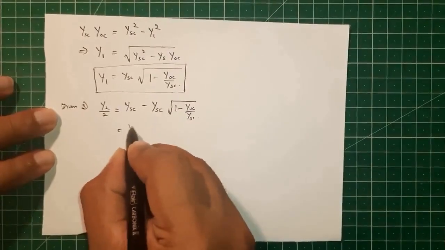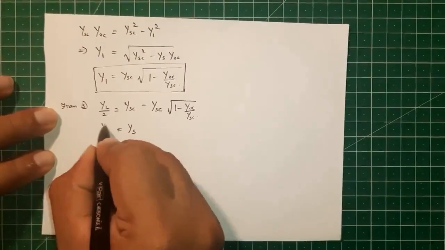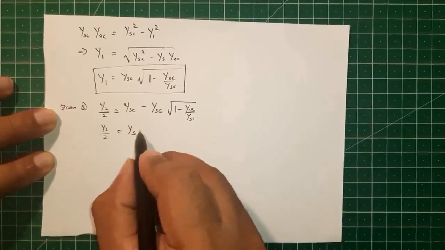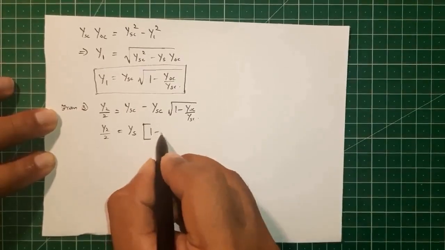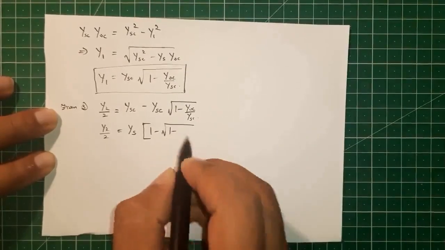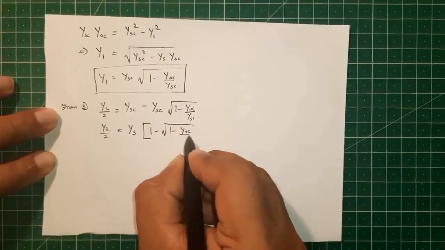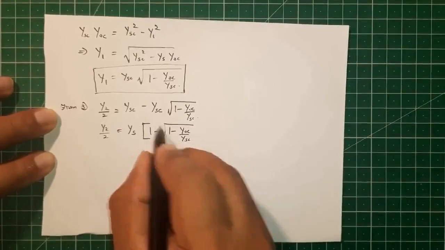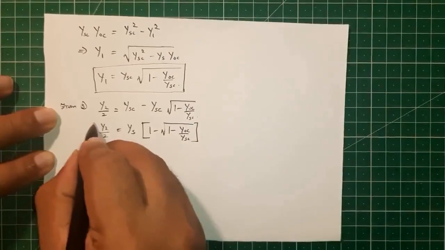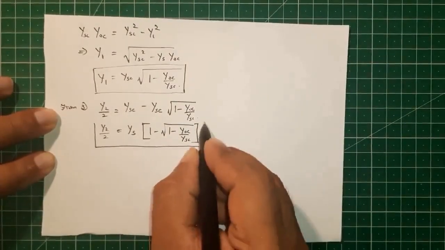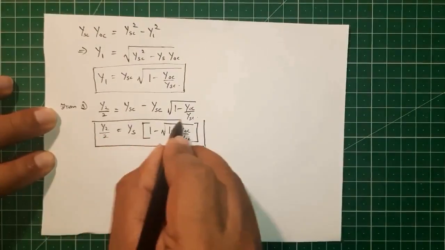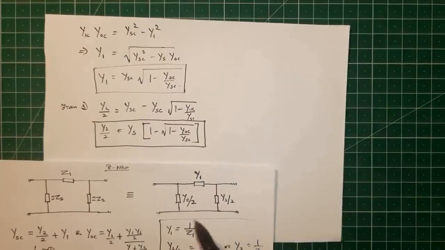On simplification we can write Y2 by 2 is equal to YSC into 1 minus root of 1 minus YOC by YSC.